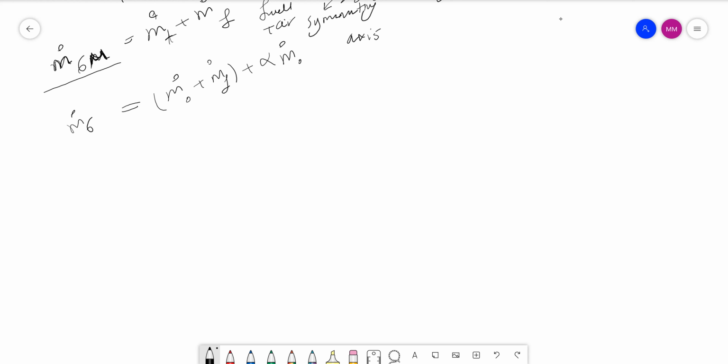So m dot 6m is going to be equal to m dot naught plus m dot f plus alpha m dot naught.